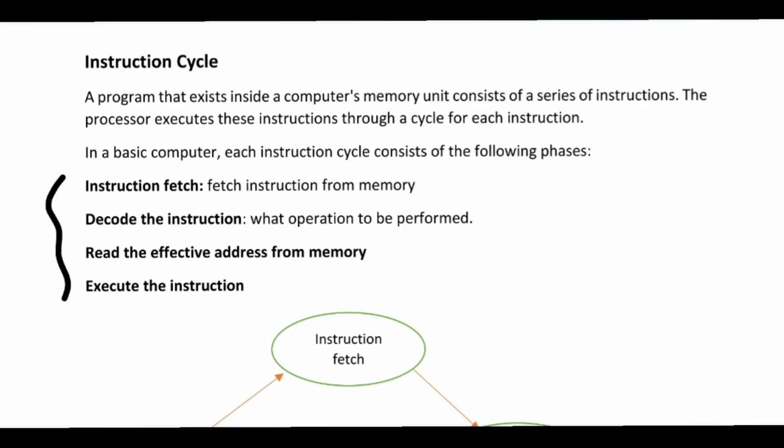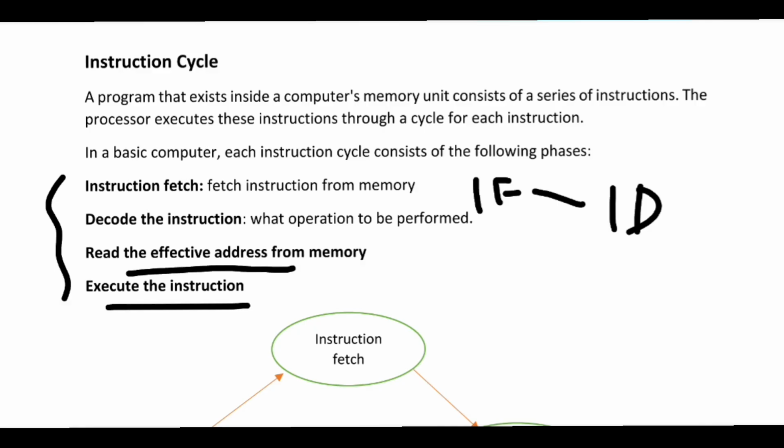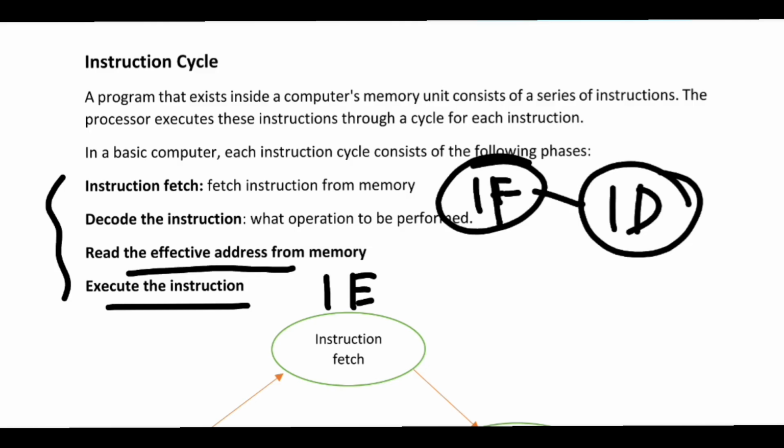Here we have discussed 4 stages: instruction fetch, then instruction decode, then read the effective address from memory, then execute the instruction, also called IE, instruction execution.